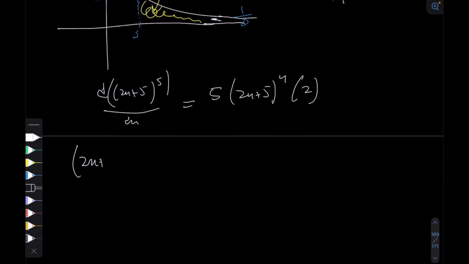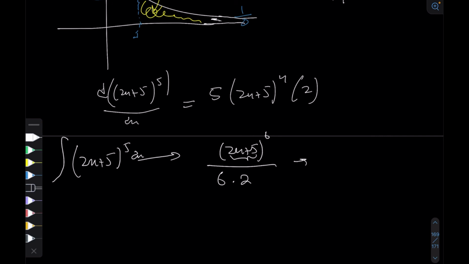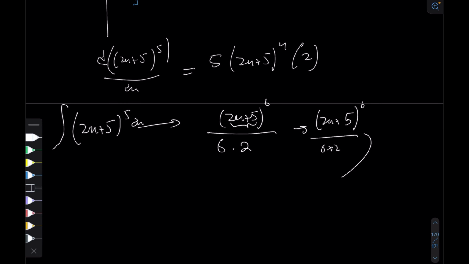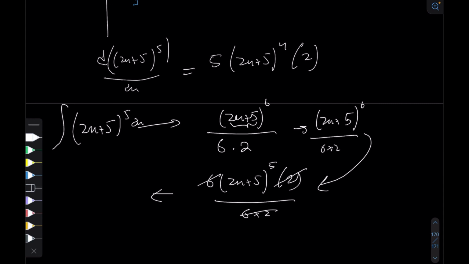Taking the opposite of this, if I want to integrate this, I will first add 1 to the power, then divide by that power, then divide by the differential of the inside, which would be 2. So this would be 2x plus 5 to the power 6 over 6 multiplied by 2. And of course, if I differentiate this again, I subtract 1 from the power, drag the power down, multiply by the coefficient, 6 into 2, and these cancel out, and it gives me back the same thing.